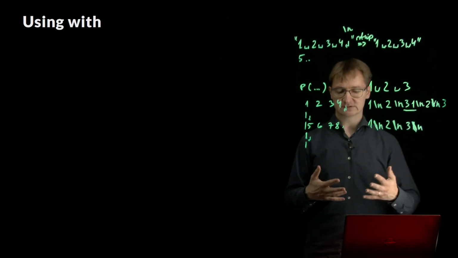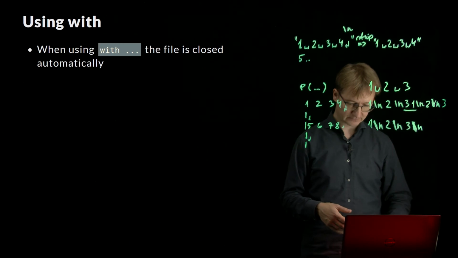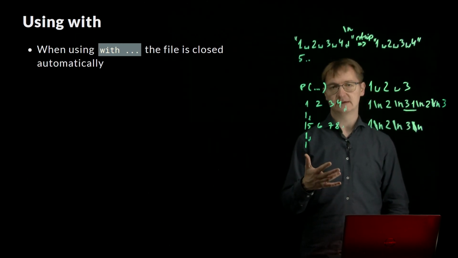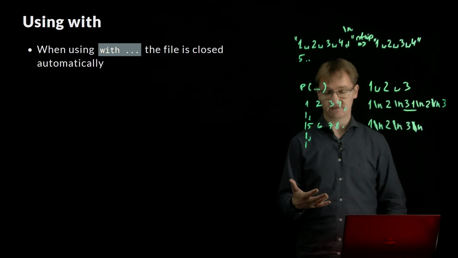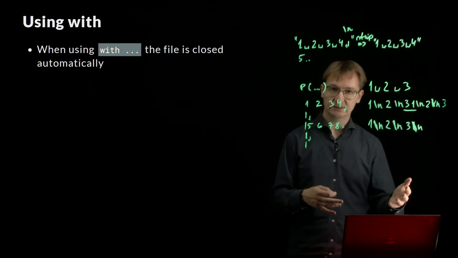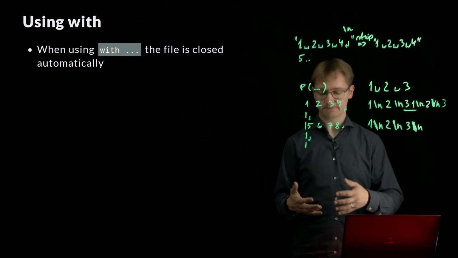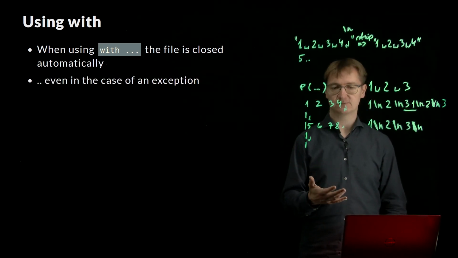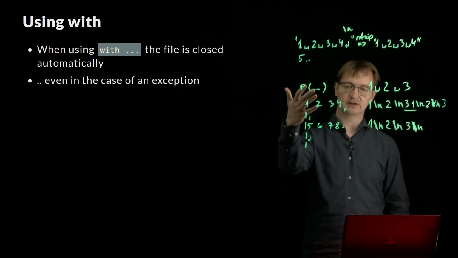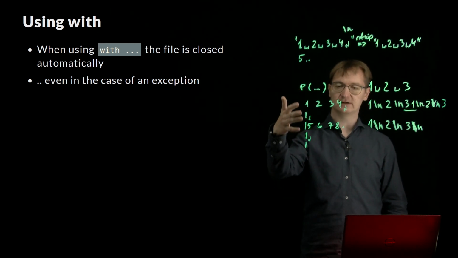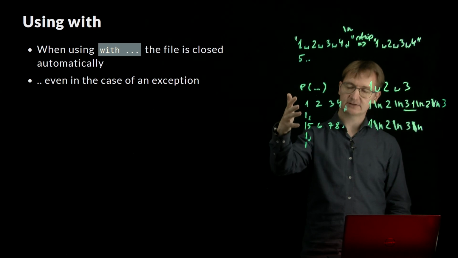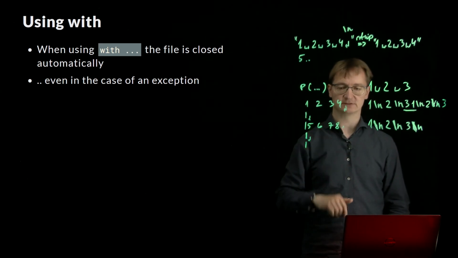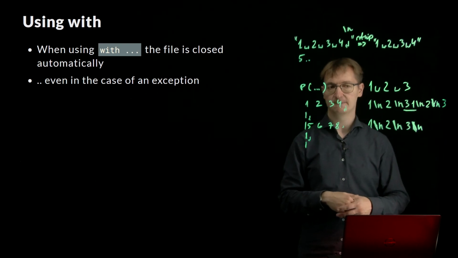So using this with statement, the good thing is that the file which I open is closed automatically, even if there is an exception. For example, let's say that I want to write several things into a file. I open it for writing, I write something on one line, then I do some calculations, write something on the next line, and so on.